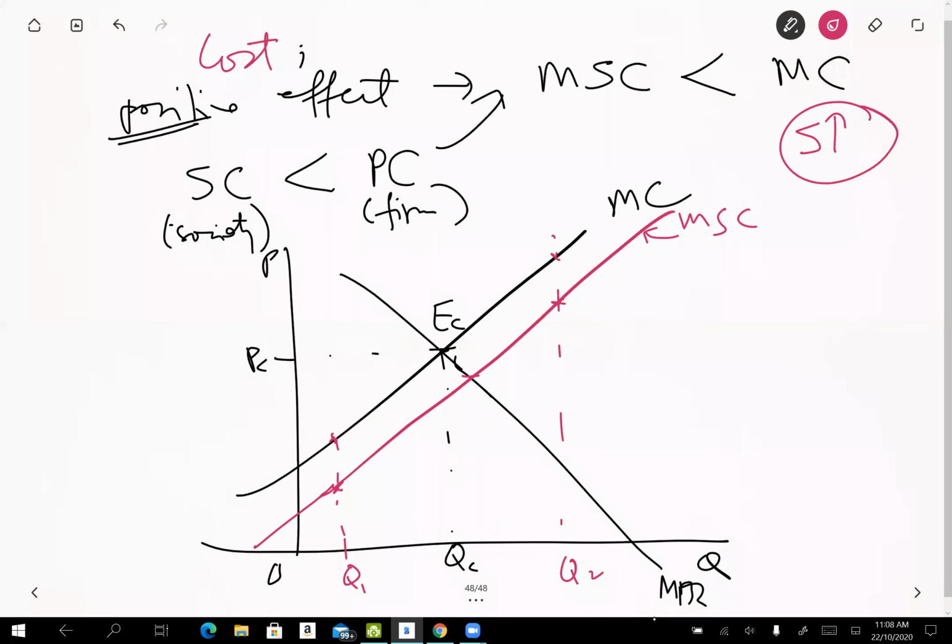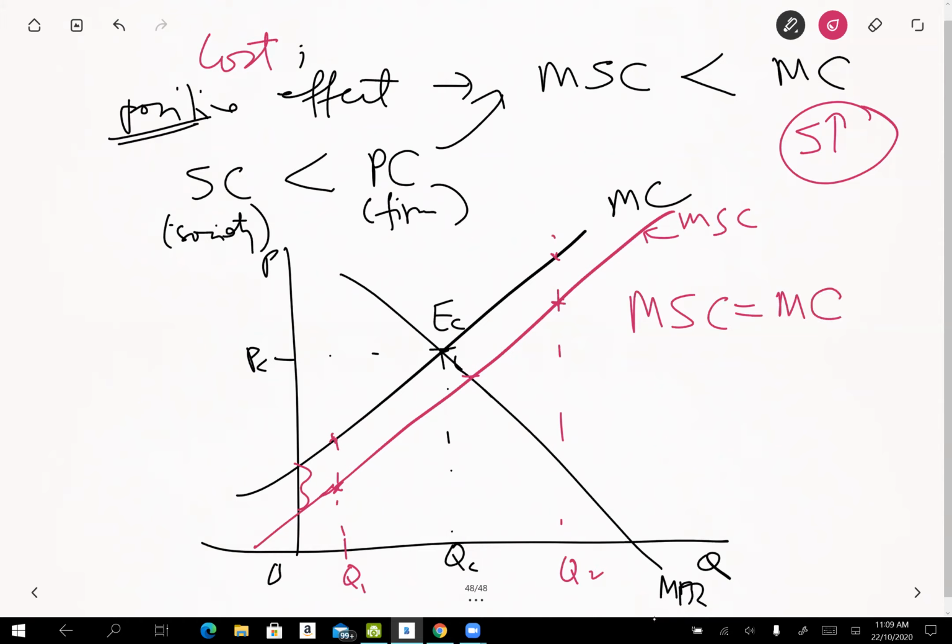So what is the difference here? How do you get that difference? So you got the marginal social cost less than the marginal cost.